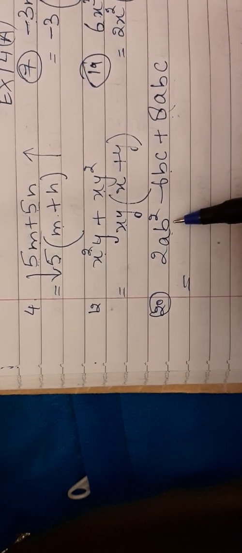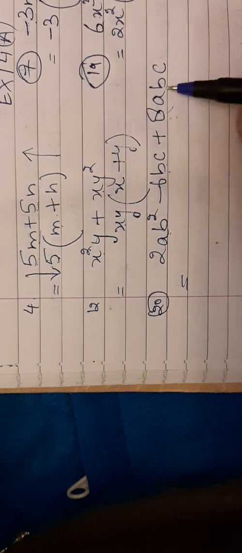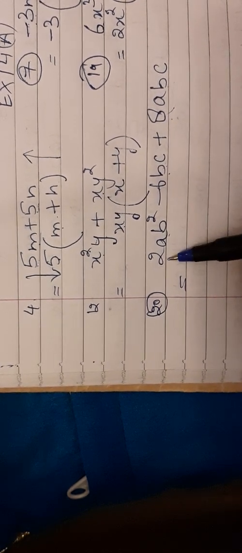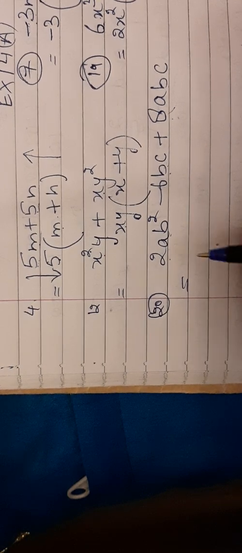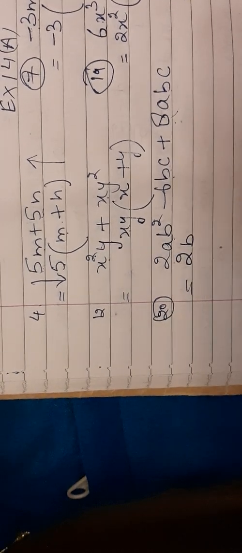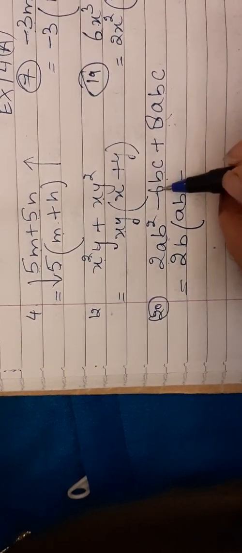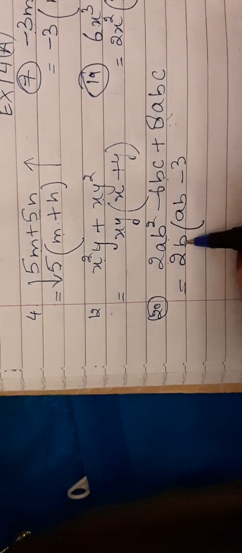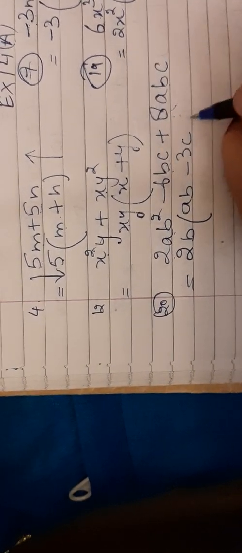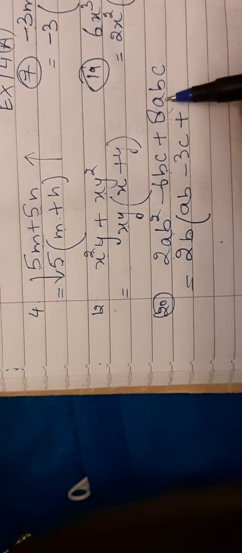Now I am going to take this b common. b is common in all, it is occurring in all. But c is not occurring in the first term, so c also cannot be taken common. So what are the common terms? 2b only. And if you divide 2a square b by 2b, you will be left with a square. Minus 6 divided by 2 will give you 3, b has been taken common, minus 3c. Plus 4, b has been taken common, and you will be left with ac.